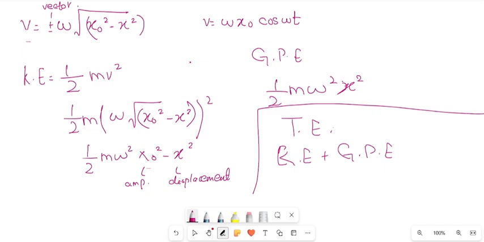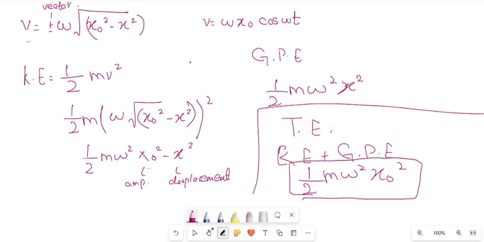So we have 1 by 2 m omega square x square, because that is the maximum displacement, and the maximum displacement is the amplitude. And then when you add these two, you get 1 by 2 m omega square x naught square.